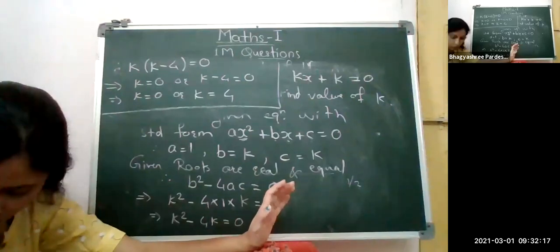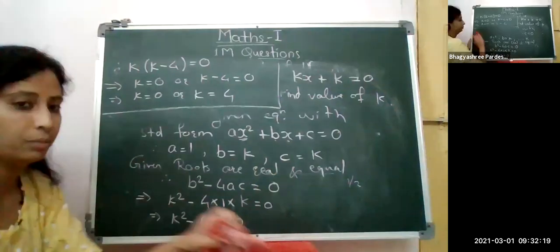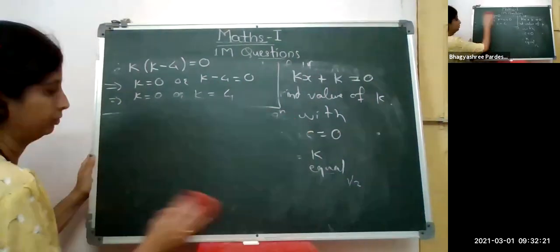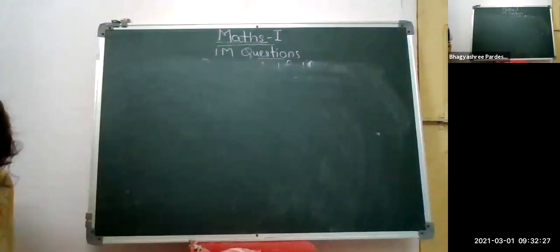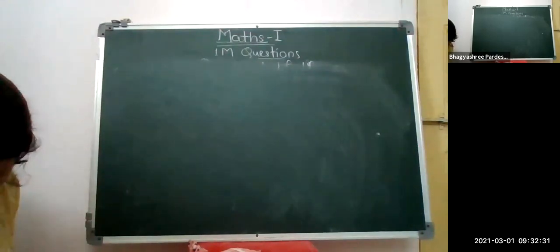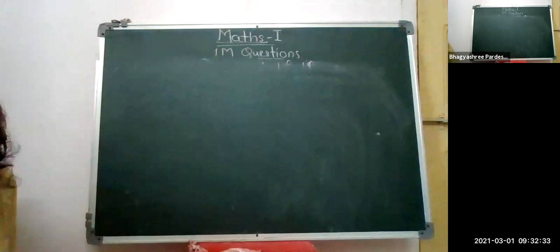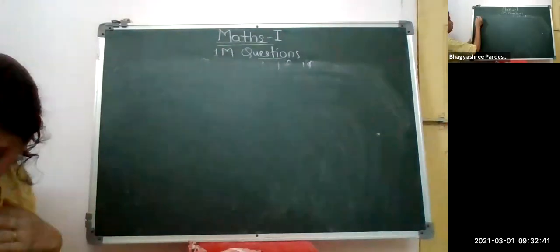Now let's see a few questions from arithmetic progression. In an arithmetic progression, the first two terms are given to us, then we have to find the next term.